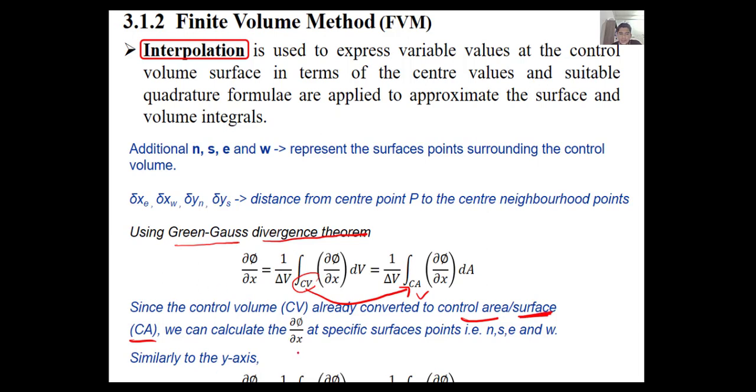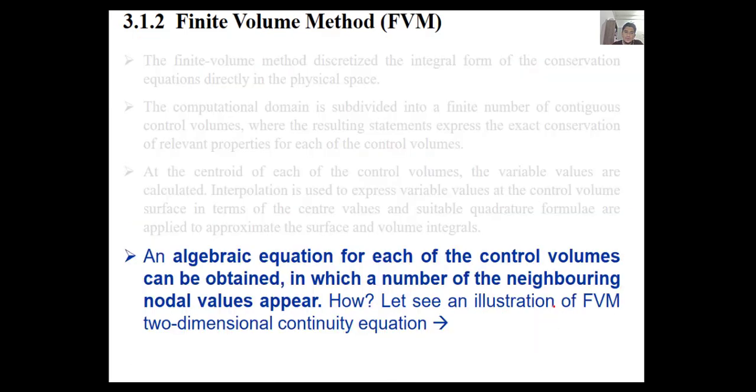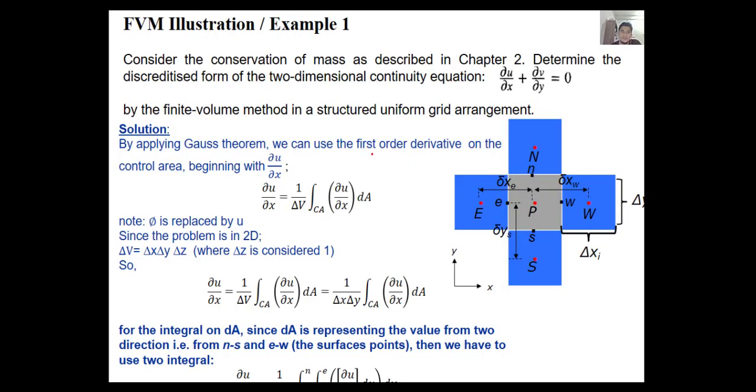So we can calculate partial psi over x at the specific points north, south, east, and west, similar to the y direction. Finally, for the algebraic equation for the discretization of the control volume in terms of the geometry and the equation, we can illustrate using this example. In this example, we consider conservation of mass, the continuity equation.